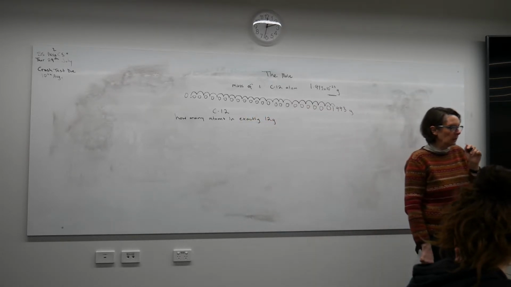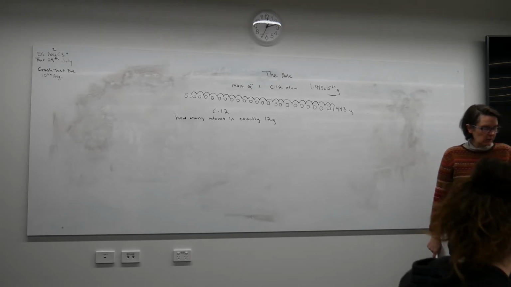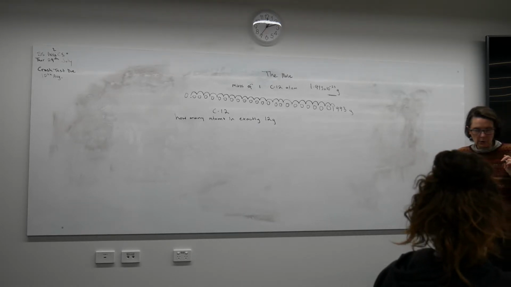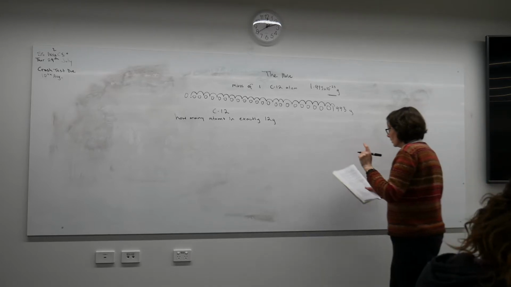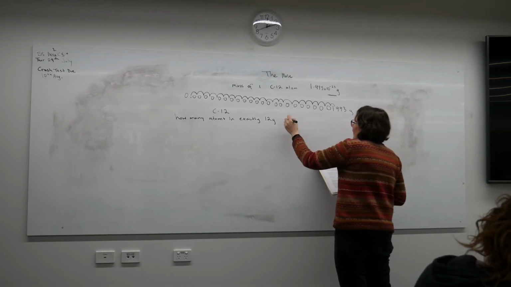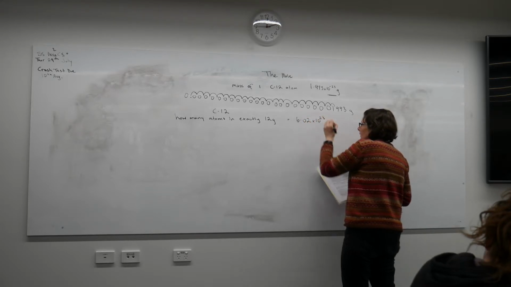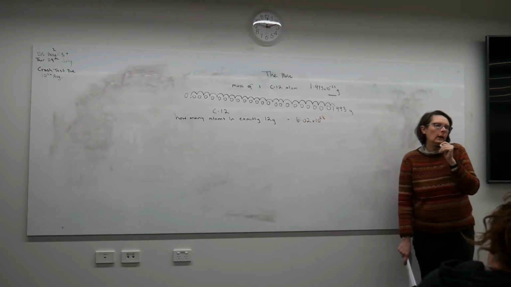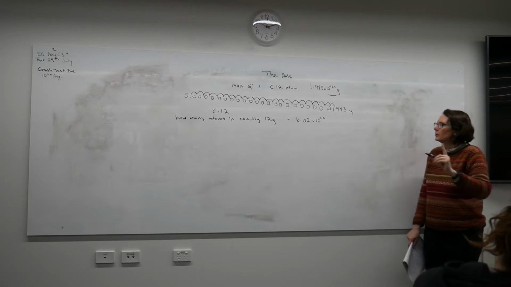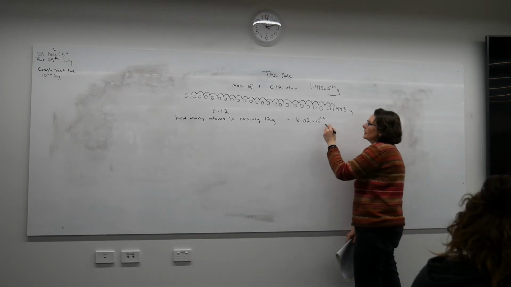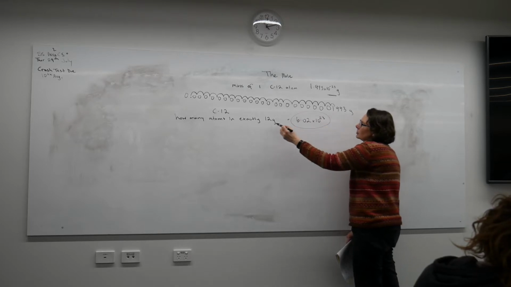This is what we needed to know. So how many atoms in exactly 12 grams of carbon-12? And it is 6.02 times 10 to the 23. Okay, so this tells me how many atoms are in 12 grams.